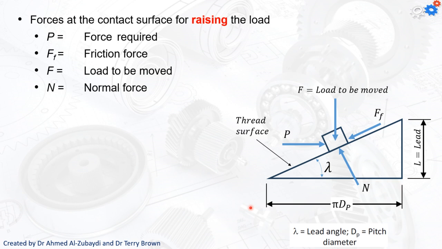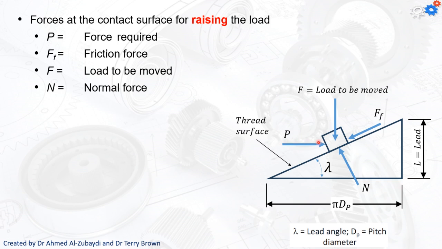The forces at the contact surface for the raising of the load: P is the force required, F is the friction force, W is the load to be moved, and N is the normal force. We consider a new element on the mating parts to be a box that's moving.